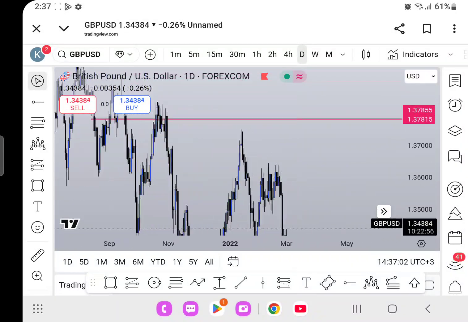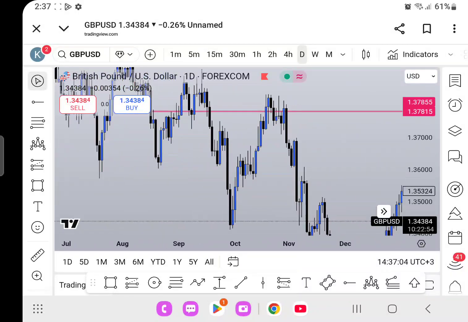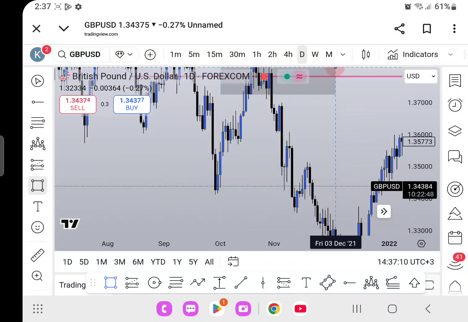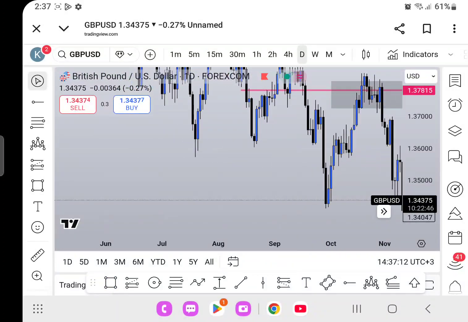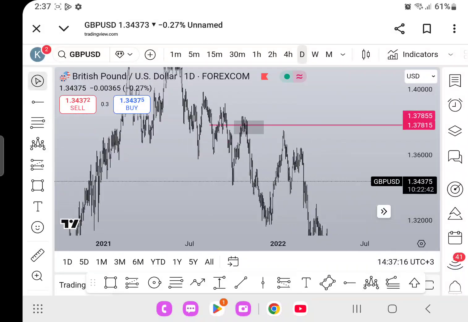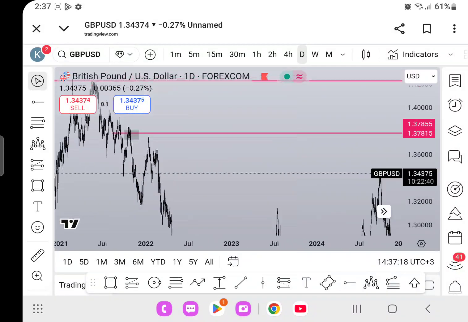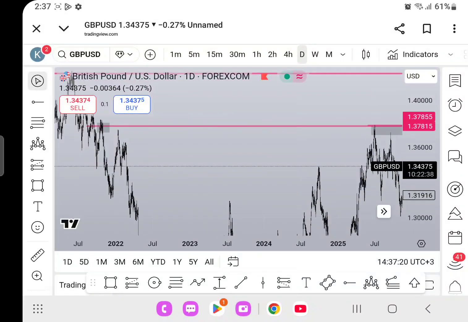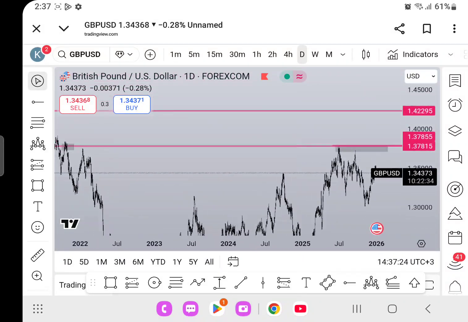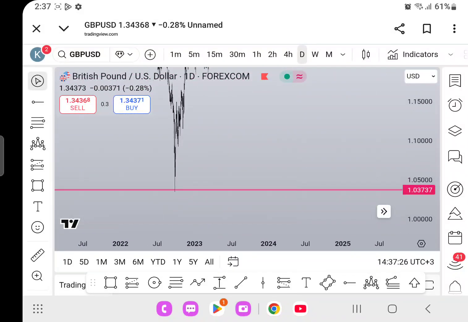When we come back again, we navigate another sub zone right here. Are we at par? This means the market has possibilities of reacting at that zone to trend back downside.